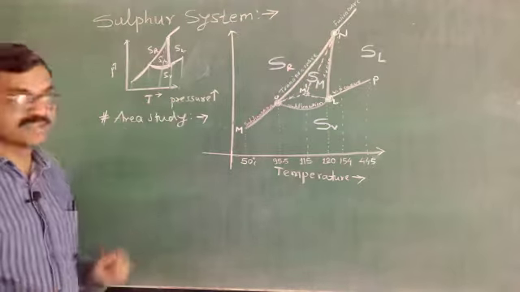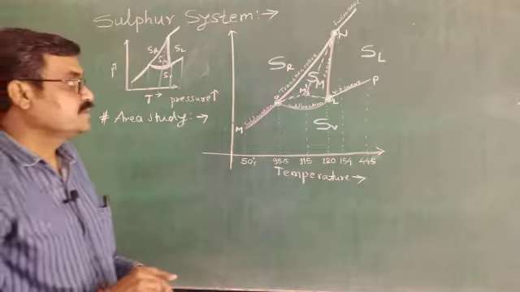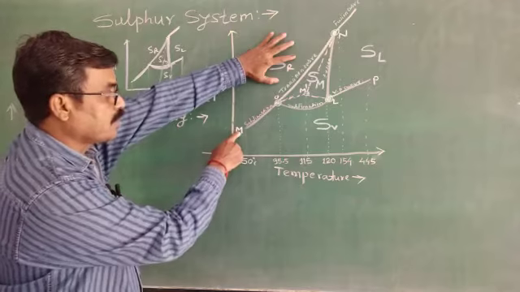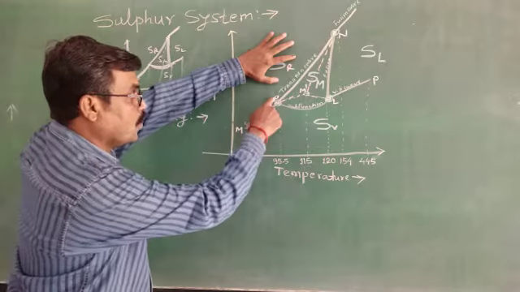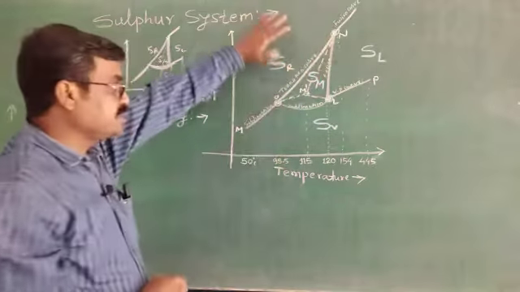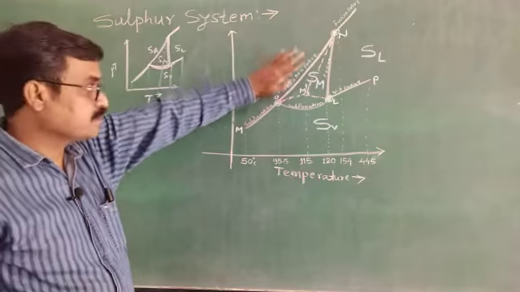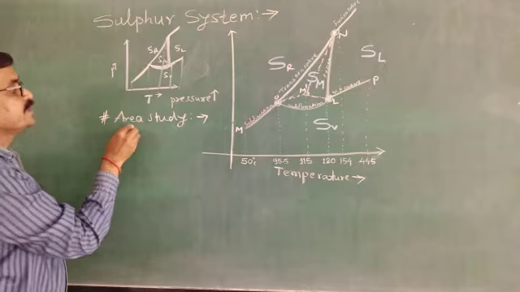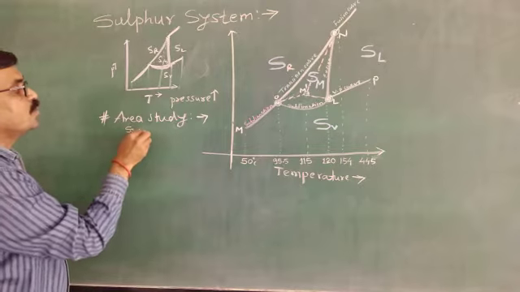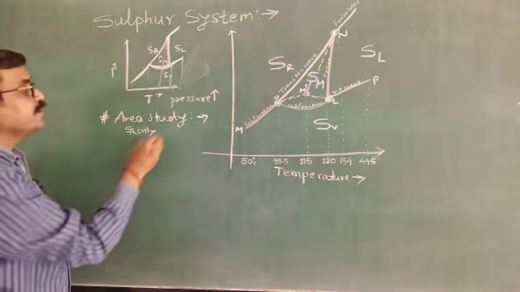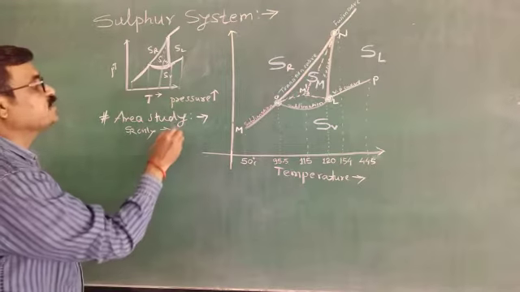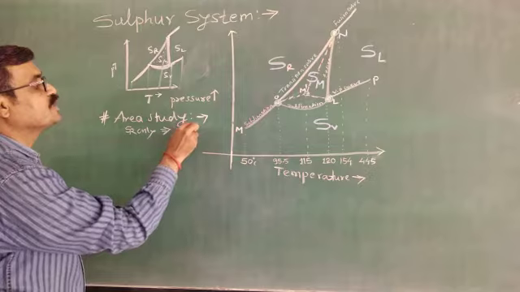Now see the area study. Here this is one area, above curve MOM, this area. Above this curve there is sulfur rhombic only, so its component is 1.